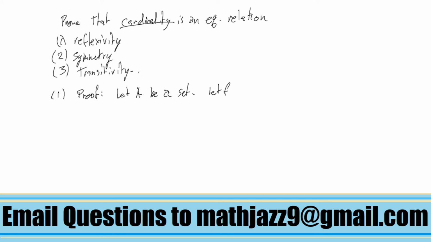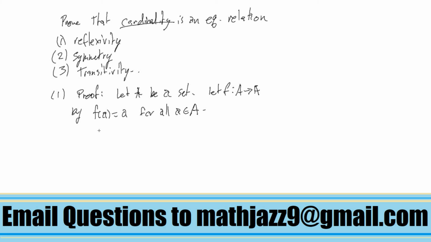Let f go from A to A by f of a equals a for all a in A. This seems like a really dumb little function to construct. This function is called the identity. It sends every object to itself. Now, is this a bijection?